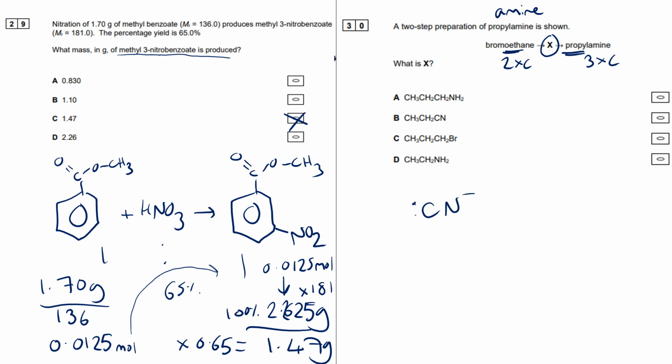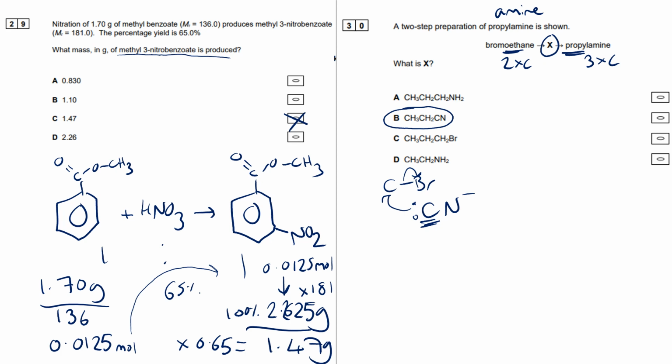So a nucleophilic substitution where you add a cyanide ion that attacks a delta positive carbon and the bromine breaks off. So, because we're going from eth to prop, increasing the carbon chain by adding cyanide. So therefore, our intermediate compound must have one extra carbon than bromoethane.